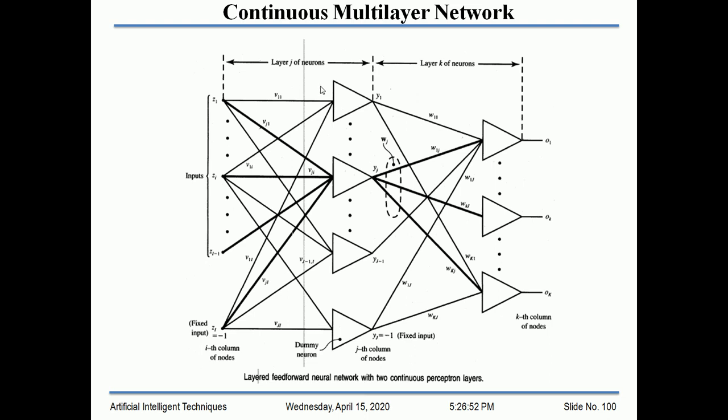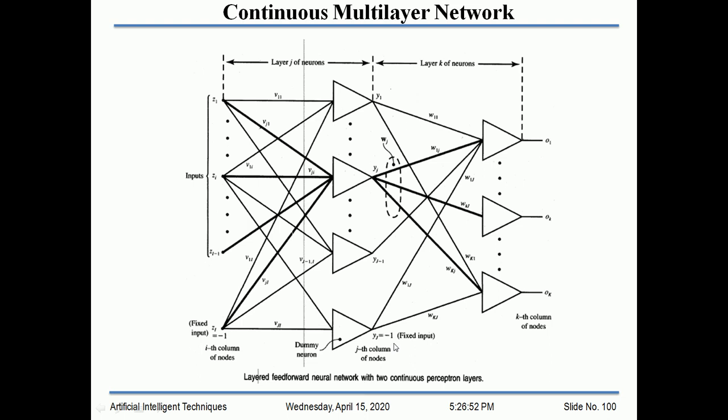The next comes the output layer of neurons. You can see that the output layer of neurons are connected with the output of the hidden layer. The outputs of this hidden layer are indicated by Y1, Y2, Y3 and so on up to Yj small j and so on up to Yj minus 1, and the last element is Y capital J, which is indicated as -1.